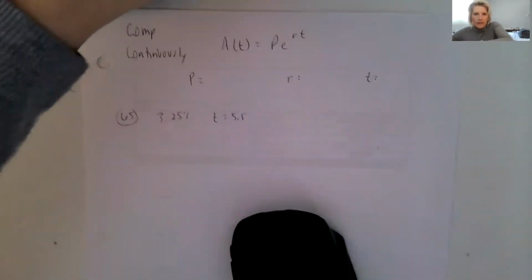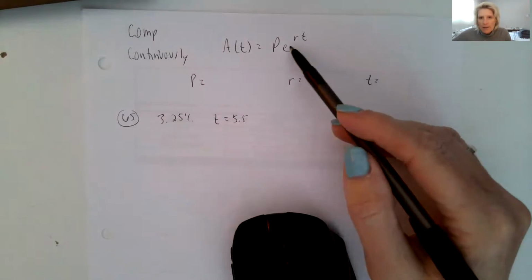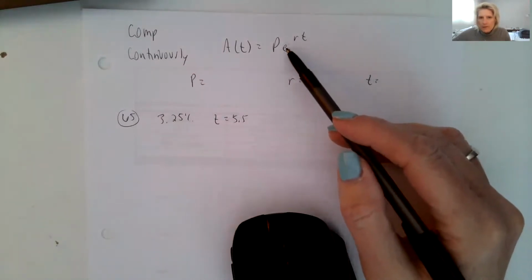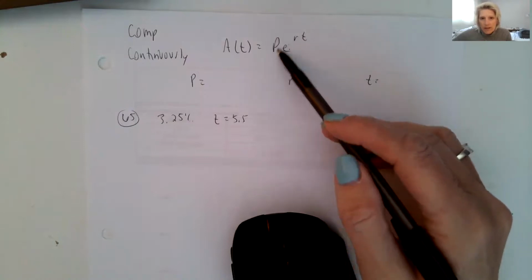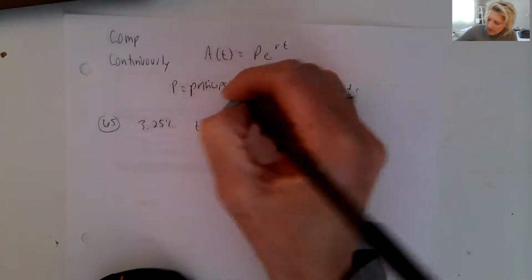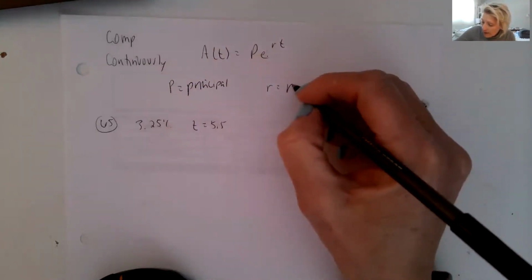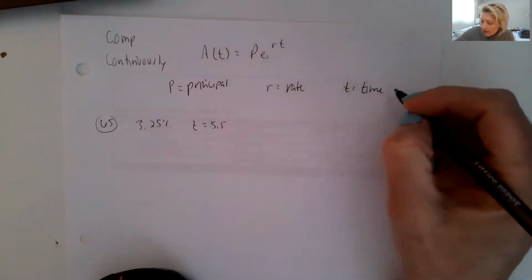So that formula looks like this. We don't have as much going on because the whole compounding that was in the parentheses before is now just this number e. So we still have our principal P, and r is still our rate in decimal form, and t is still our time in years.